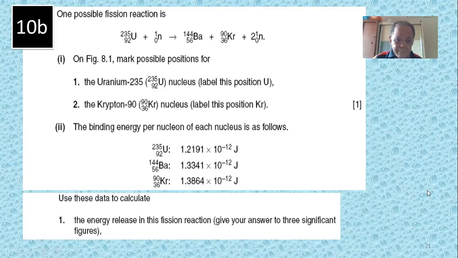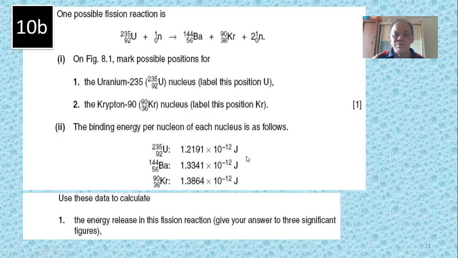Use the data, that's your data. Remember this is the binding energy per nucleon of each nucleus. Calculate the energy released in the fission reaction, and give your answer to 3 significant figures. They want 3 significant figures, not round off to 2. Okay, so we are starting with energy.